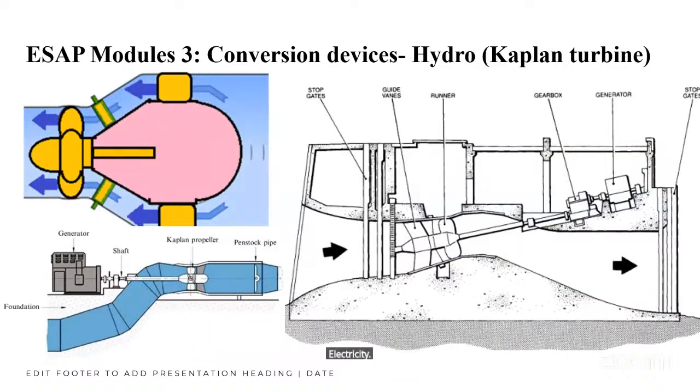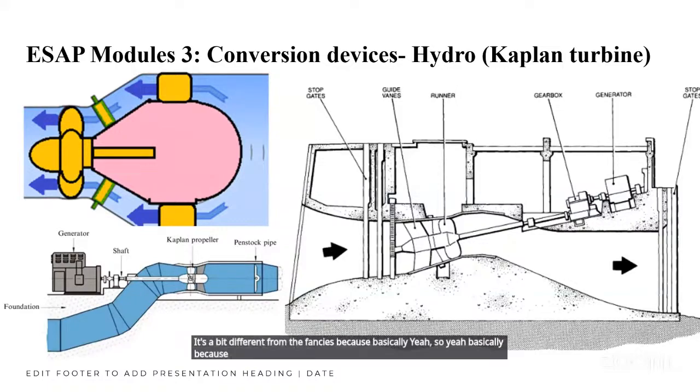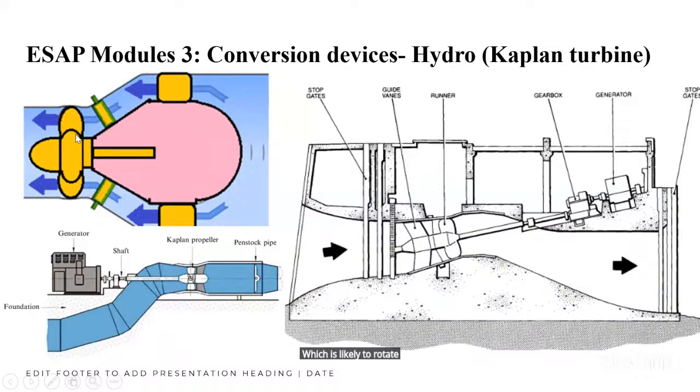electricity. If you look at the Kaplan, it's a bit different from the Francis, basically because if you look at my figure here on the left, the way water moves through the systems from different parts to go into the propeller, which is likely to rotate and create the energy.